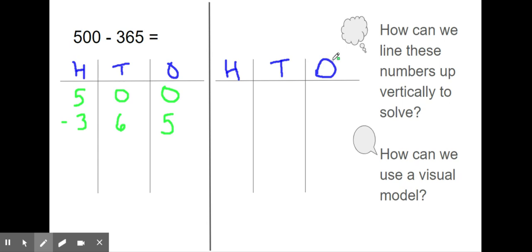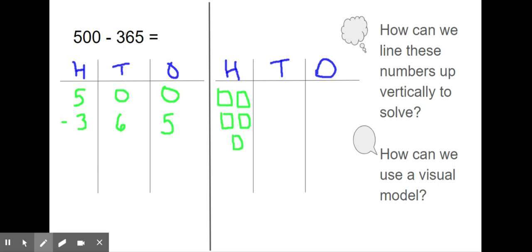Okay. And now I need to create a visual model. So I'm going to do 500 or 5 hundreds. So 500 doesn't have any tens and it doesn't have any ones.